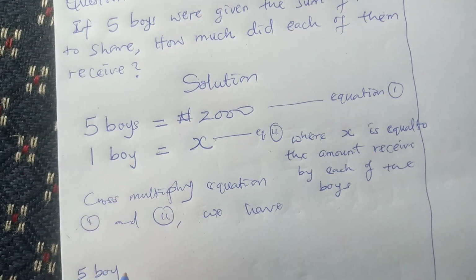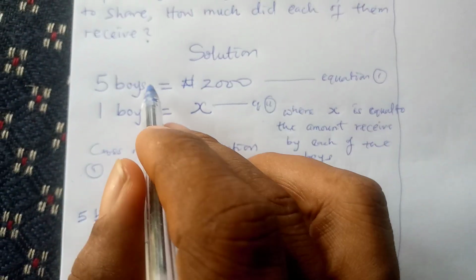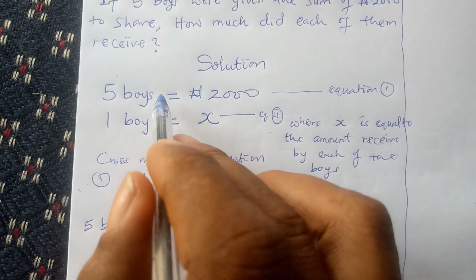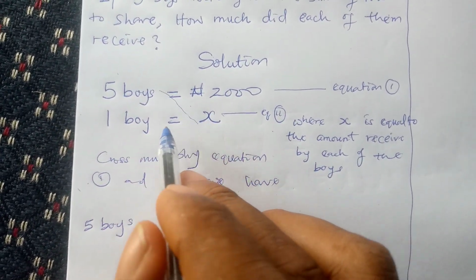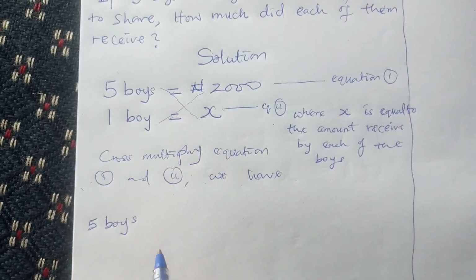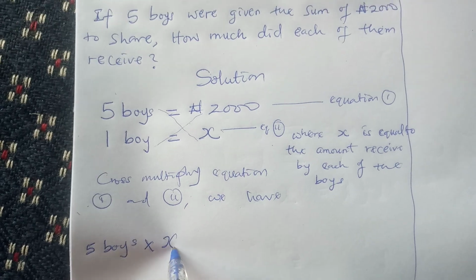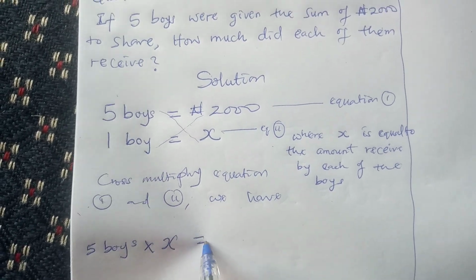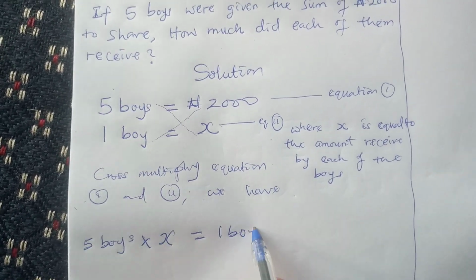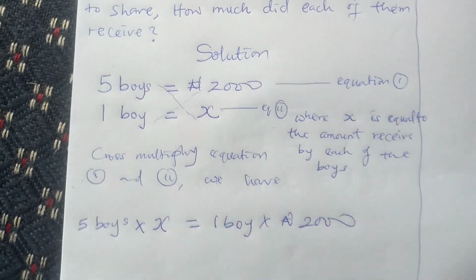When we cross multiply, this is what we have. That's to say we'll take whatever is here, multiply it to this, and whatever we have here is multiplied to this. So 5 boys times x equal to 1 boy times 2,000 naira.